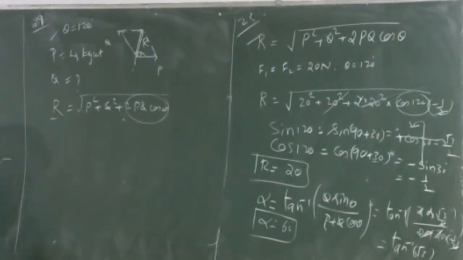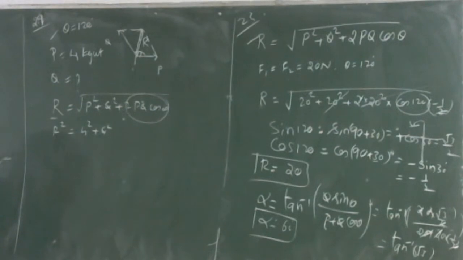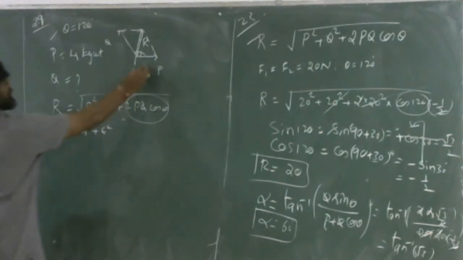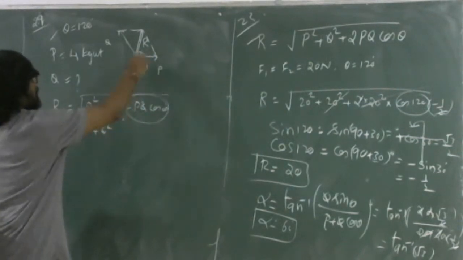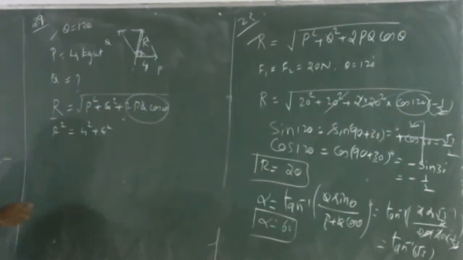You can take R square equal to 4 square plus Q square, so we write Q square is equal to R square minus 4 square. Here P is 4. Can you consider this angle is 90?